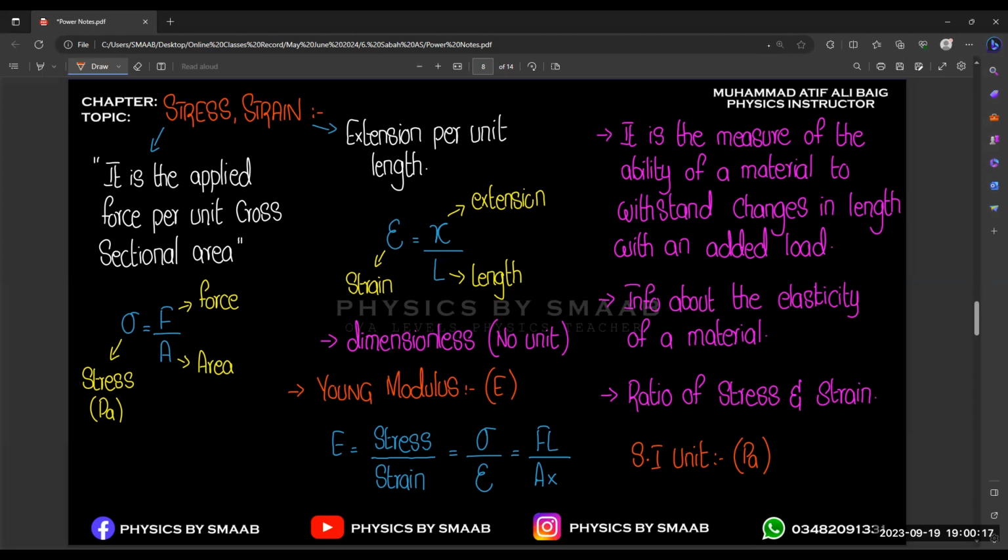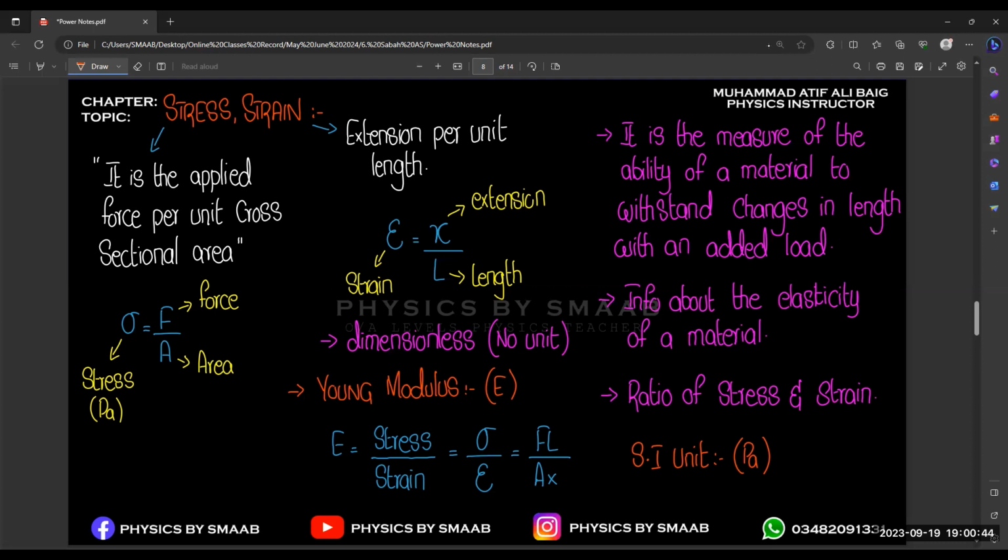There are a couple of new topics in this chapter that are left out. We discussed the experiment of Young modulus, how it is performed to find out all these values, so that the formula can be used. We also have to discuss the concept of elastic and plastic deformation, because until now we are only working with solid deformation.